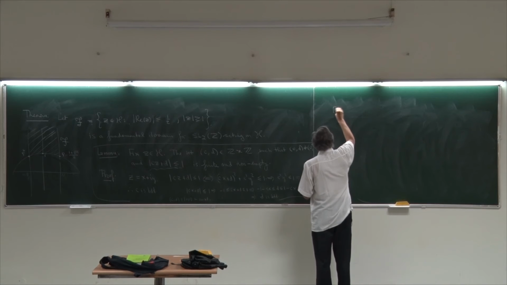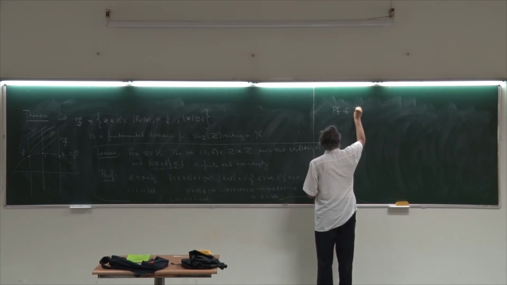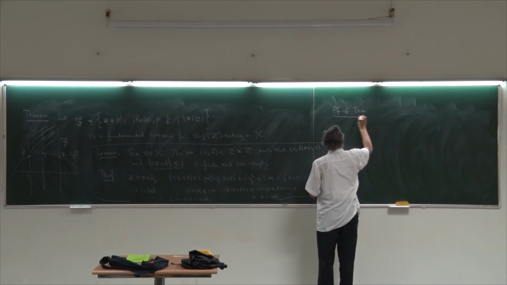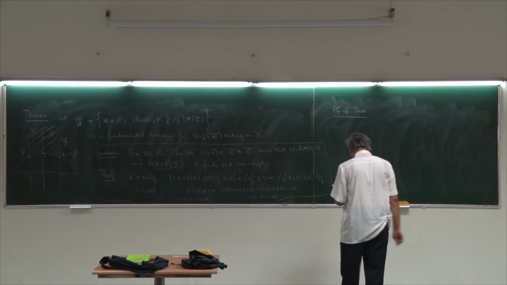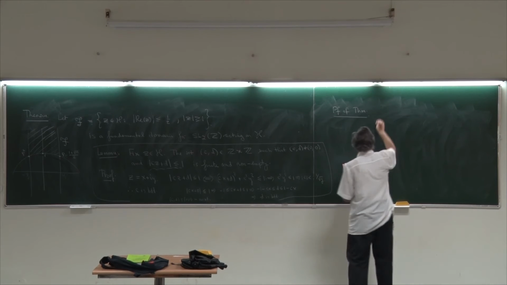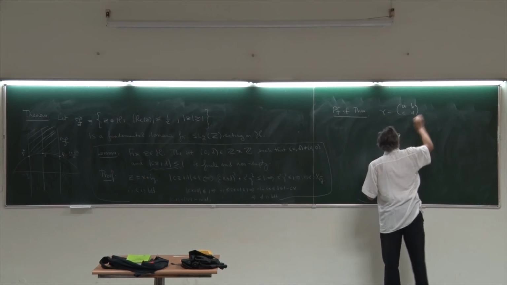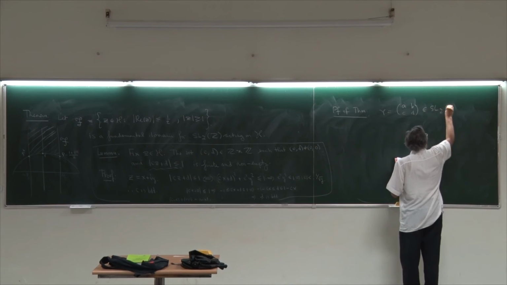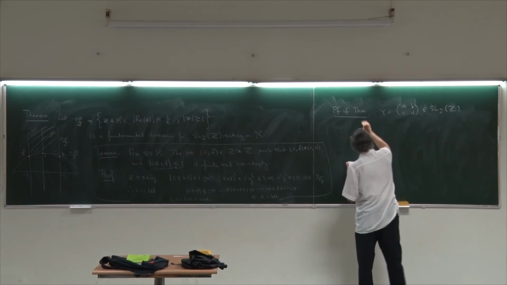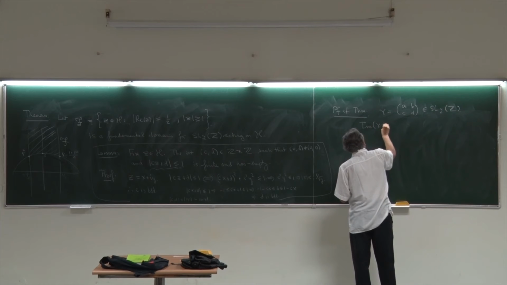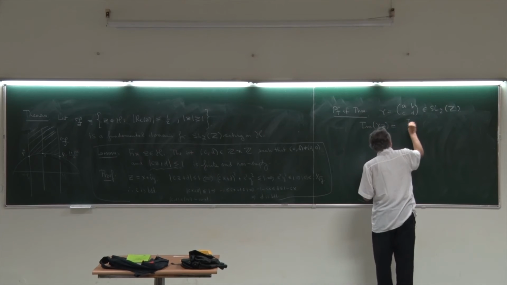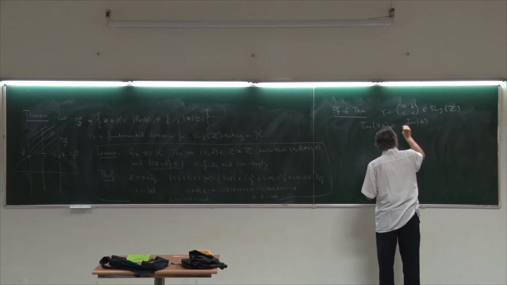So, proof of theorem. As we already observed, if I have a matrix (a, b; c, d), the imaginary part of gamma z is nothing but the imaginary part of z divided by mod cz plus d, squared.